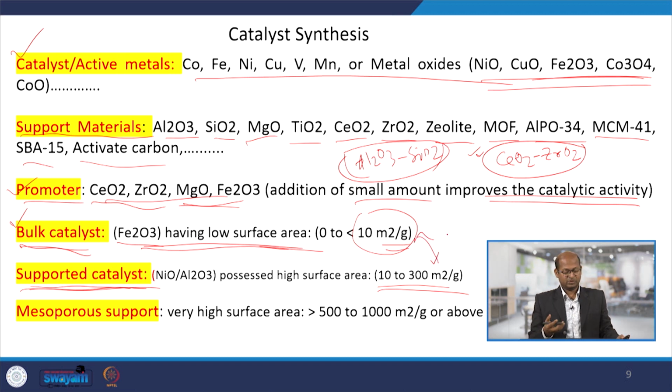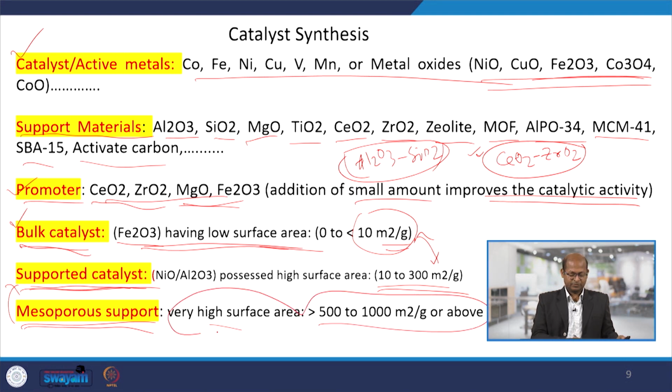So, sometimes we prefer a supported catalyst for a particular reaction, sometimes we prefer a bulk catalyst for a particular reaction. And mesoporous support also sometimes we use to prepare the supported catalyst. Mesoporous and microporous supports we can use to distribute the active sites. So, why do we choose this type of support? These are the support materials.